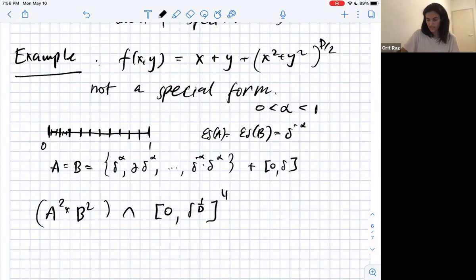I want to bound the number of quadruples, or the delta covering of the quadruples, but I only consider quadruples that are at the beginning, in the interval [0, delta to the power of 1 over d]. So when I do that, x squared, the 1 over d becomes 2 over d, and d over 2, so this is roughly delta. So it won't have any effect.